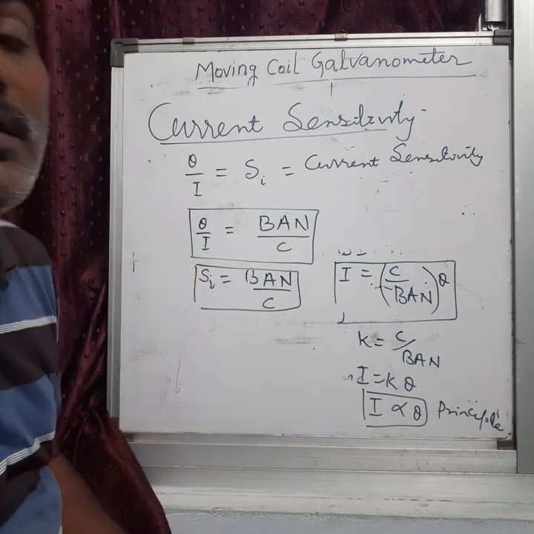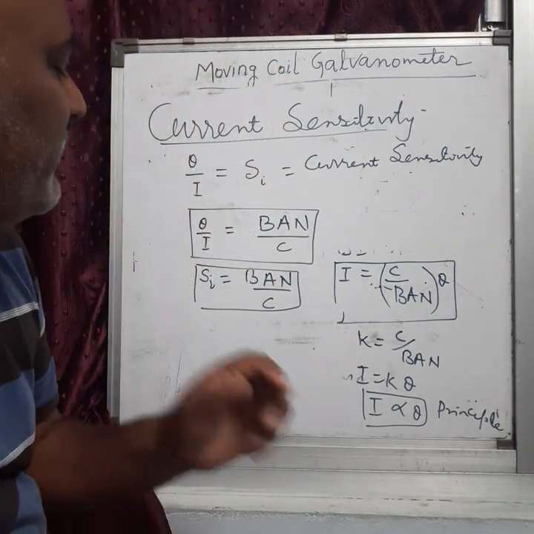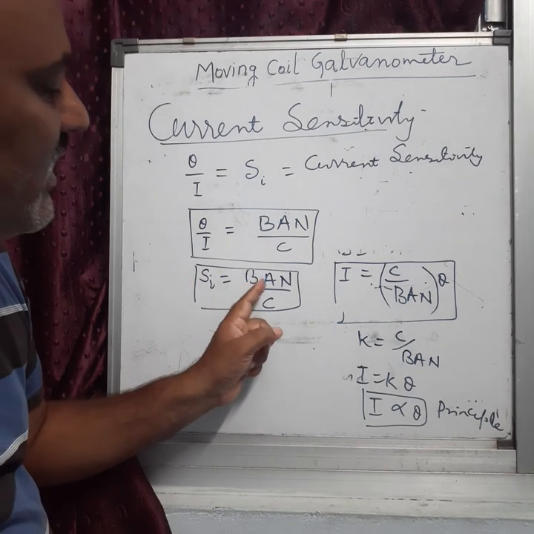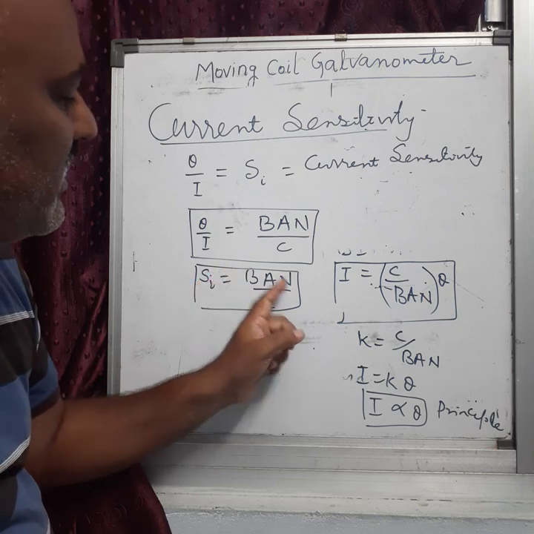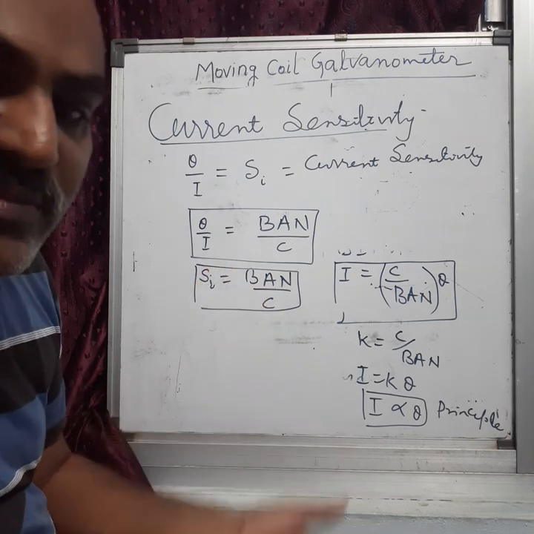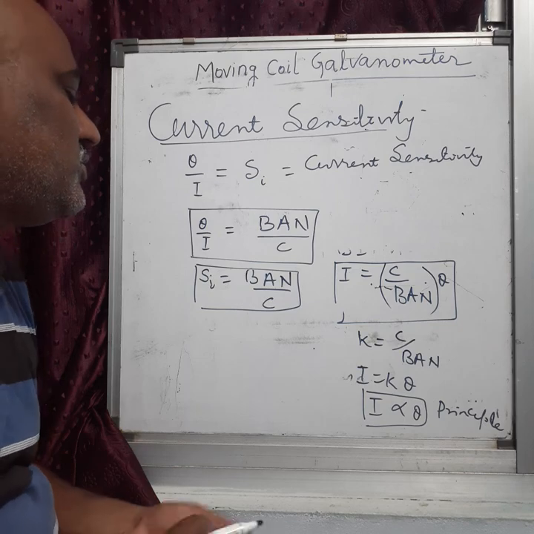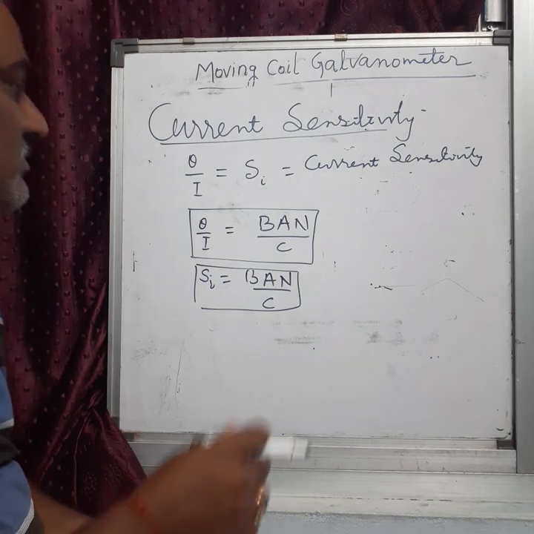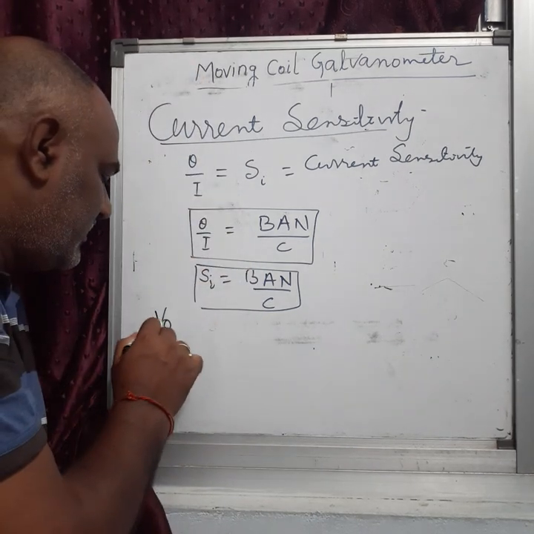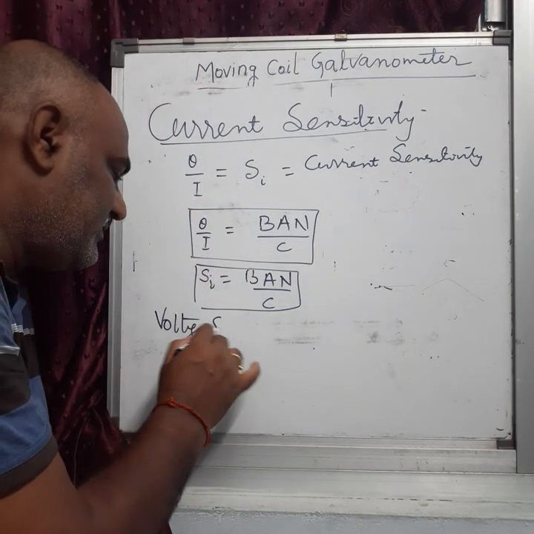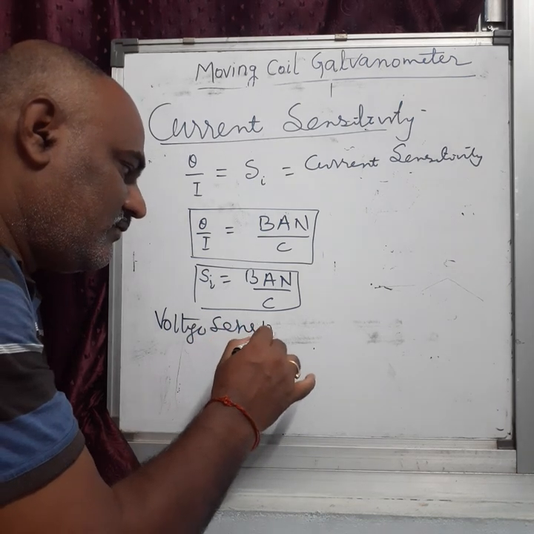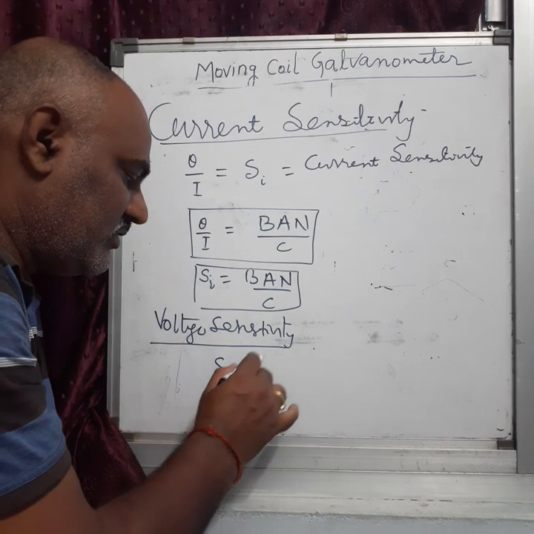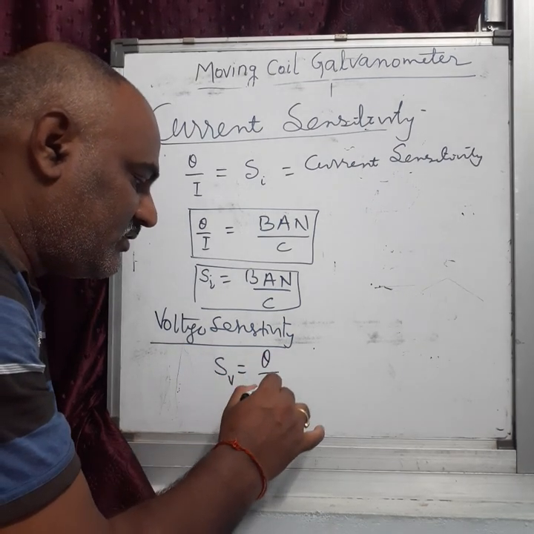Now tell me, the current sensitivity depends on what factors? It depends on the magnetic field, area of the loop, number of turns, and the nature of the spring, which type of spring is used. And if we convert this current sensitivity into voltage sensitivity, then what happens? Voltage sensitivity SV is equal to theta upon V per unit voltage.